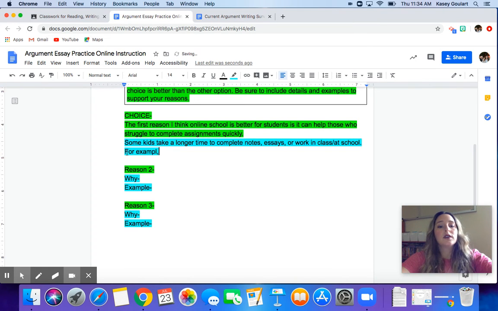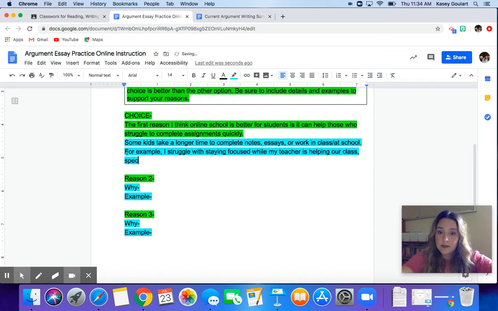For example, I struggle, and I'm using this as an example because I actually have this problem that I've talked to you about before. I struggle with staying focused while my teacher is helping our class, specifically with the we do section.